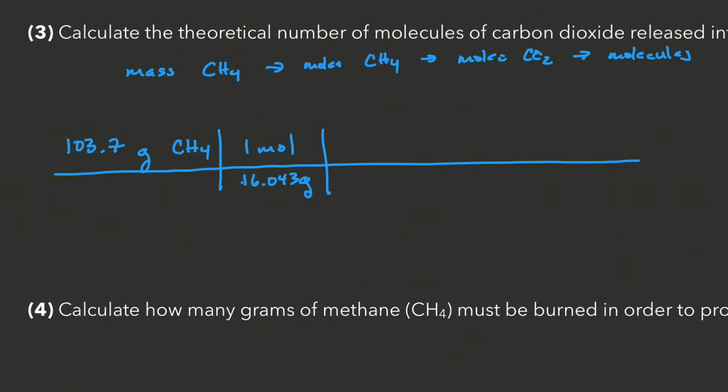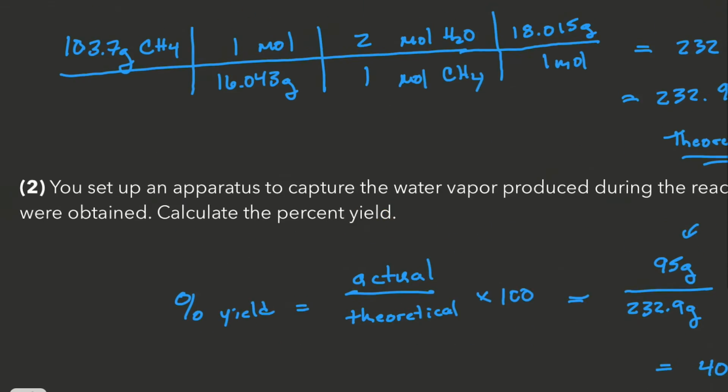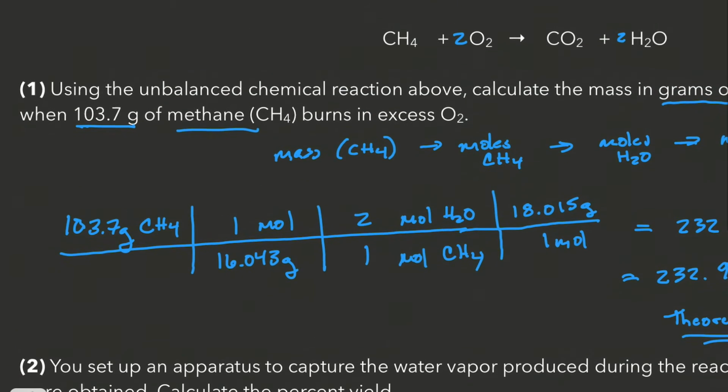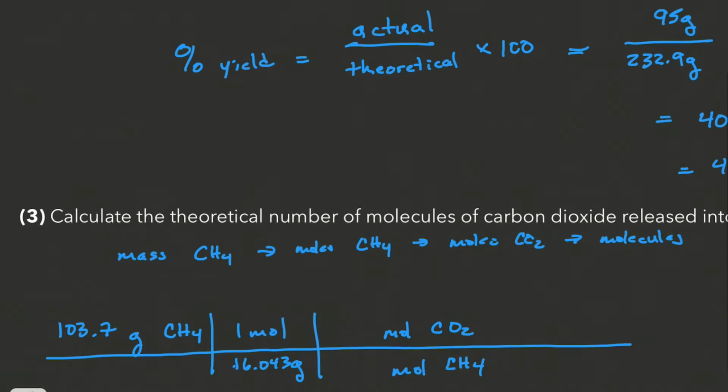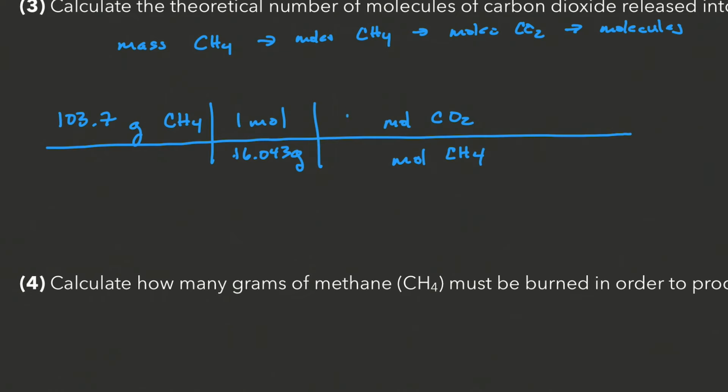Then we're converting it to moles of the other one. I have moles of methane on top. Oh, that's not right. Moles of CO2, what I want, on top, and what I have on the bottom. Let's go back up here to the stoichiometric coefficients. CO2 has a 1, methane has a 1, so they're 1 to 1. That's easy, 1 to 1.